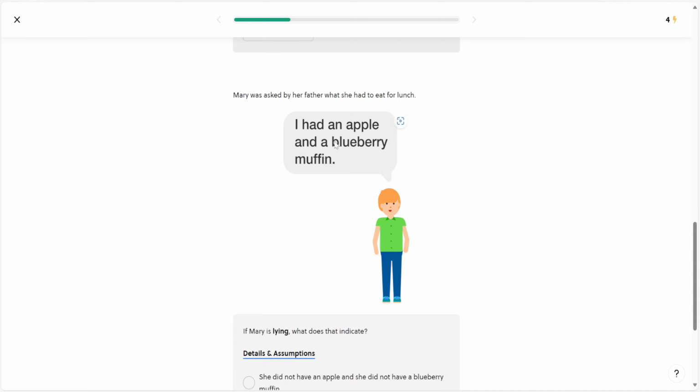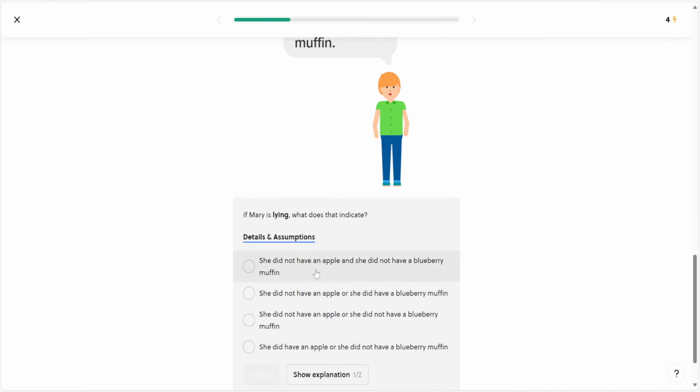So it means she had anything apart from both of them. But she could have had a mix. She did not have an apple, or she did not have a blueberry muffin.